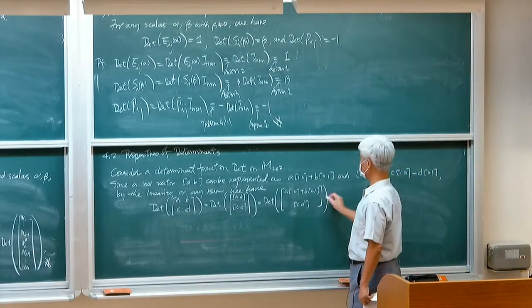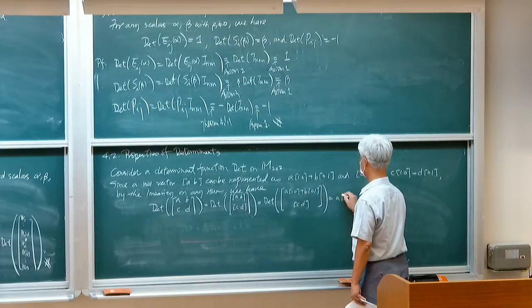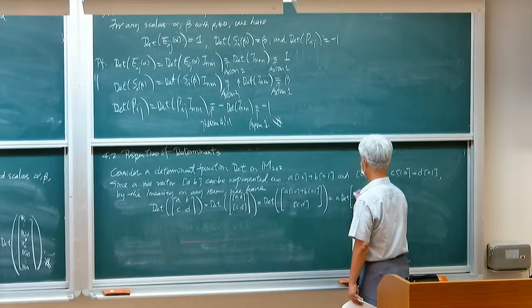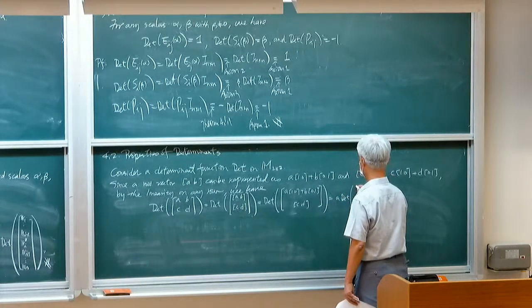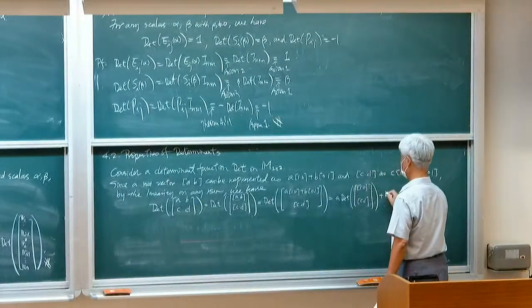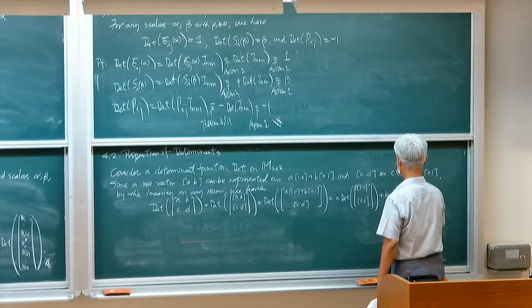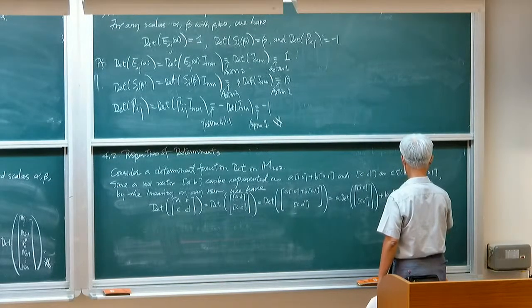And by the linearity on the first row, you have a times the determinant of the matrix with rows (1, 0) and (c, d), plus b times the determinant of the matrix with rows (0, 1) and (c, d).